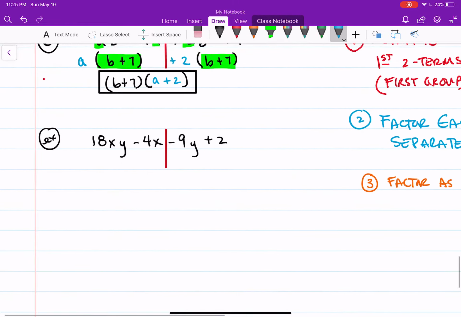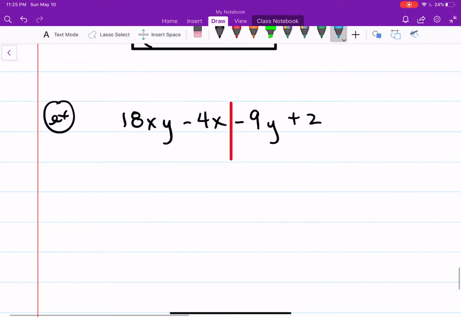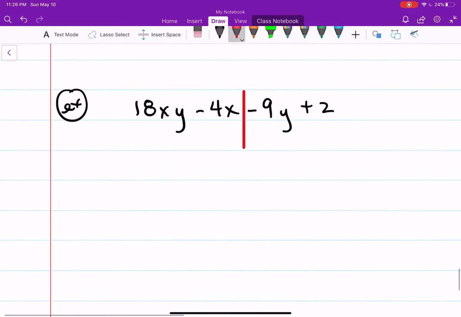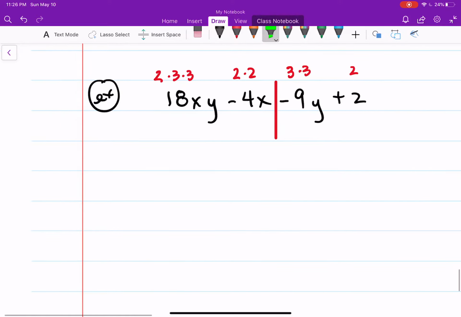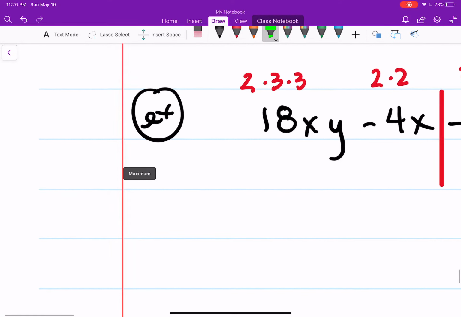factor each group separately. So first group, what's my GCF? So if I looked at this group, I can say that 18 is 2 times 3 times 3, and 9 is 3 times 3, and 4 is 2 times 2, okay? So if I just look at just this piece right here, what's in common?